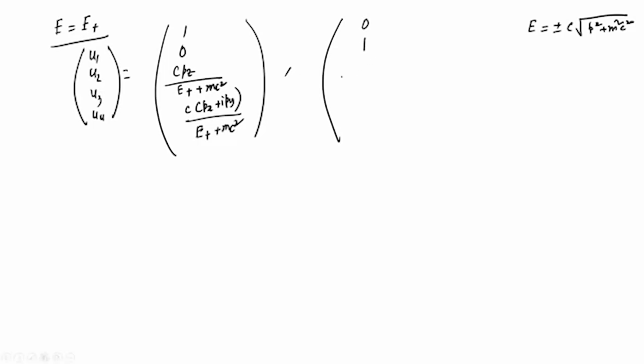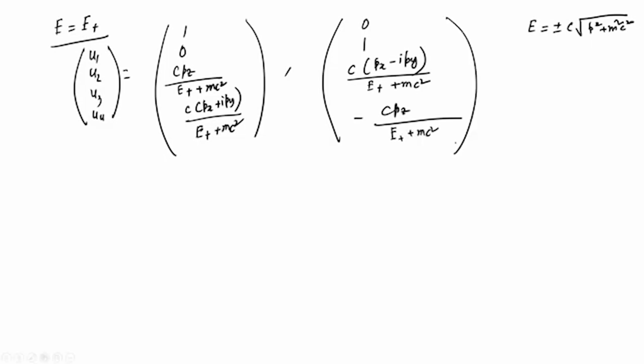It is a 4 by 4 problem: two eigenvalues are E plus and two eigenvalues are E minus. So these are the two linearly independent solutions for E plus.